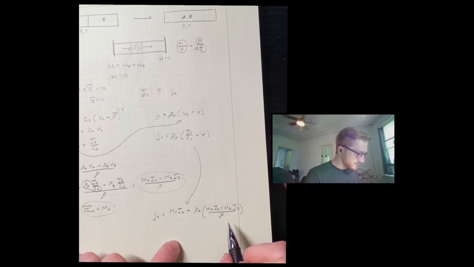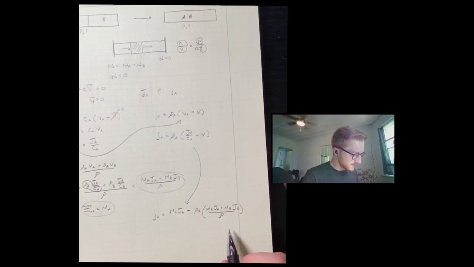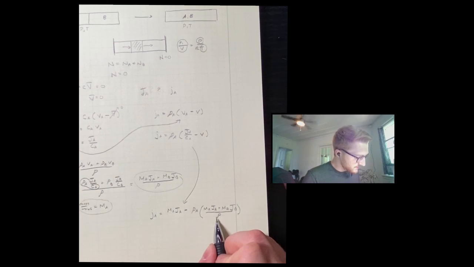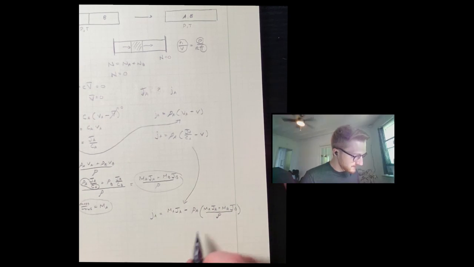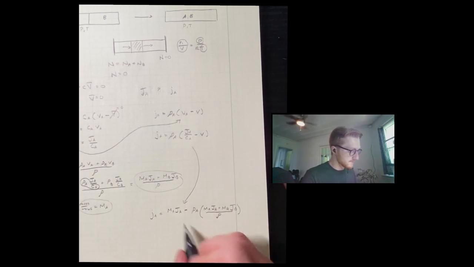So this is a little bit easier to work with. We have some terms that we can combine and use some other relationships to get a relationship between the mass diffusive flux and the molar diffusive flux.